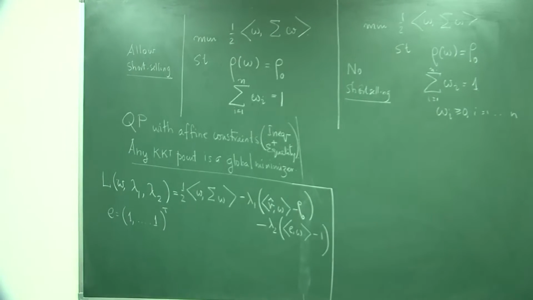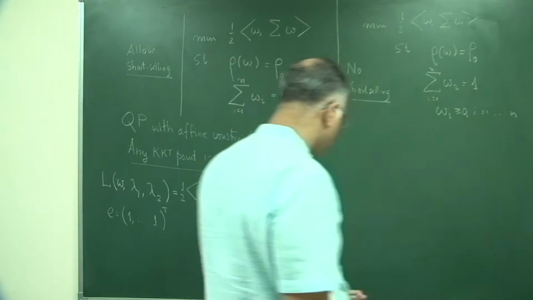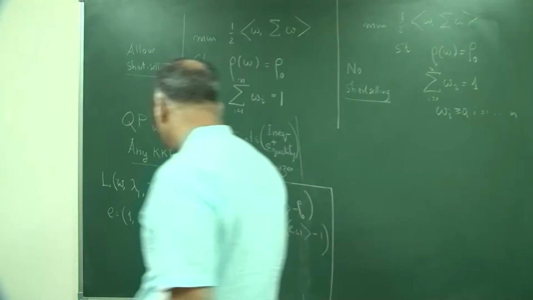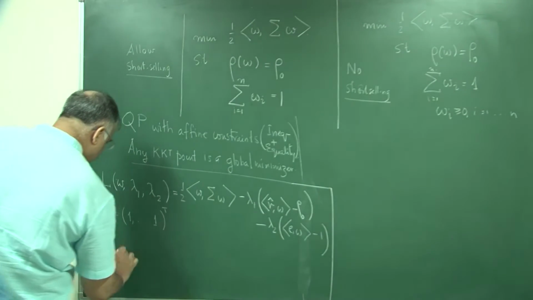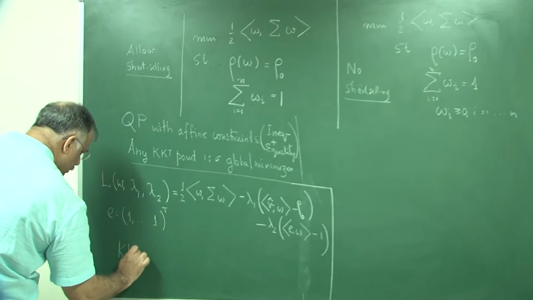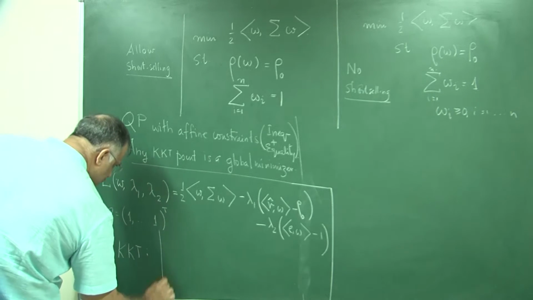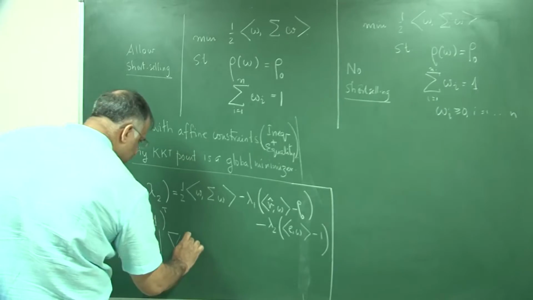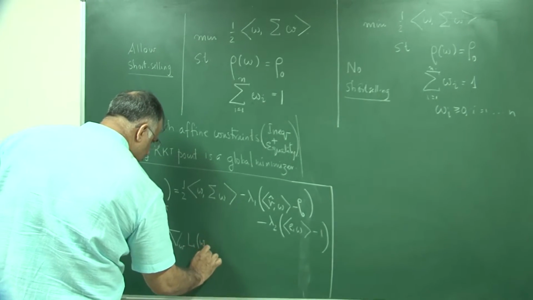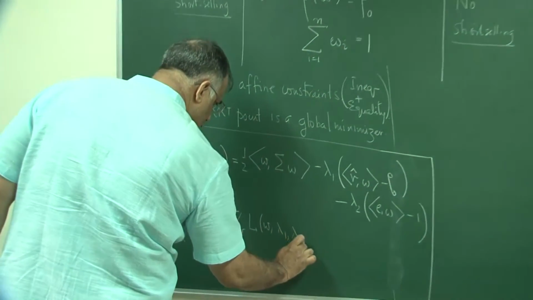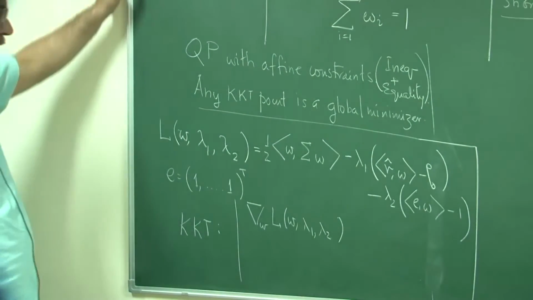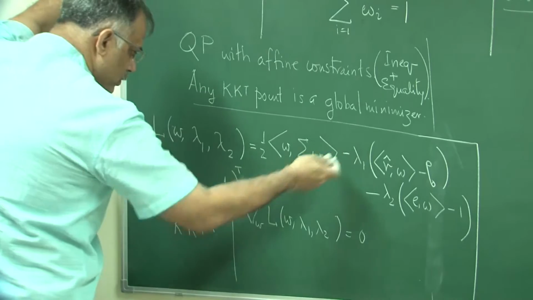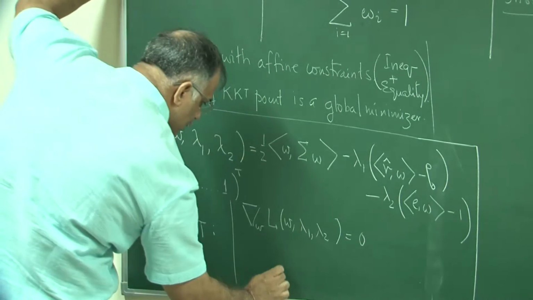So what essentially is the set of Karush-Kuhn-Tucker conditions here is, the KKT has the following form. First take a gradient of L and equate it to 0, and then of course you need to satisfy these constraints.